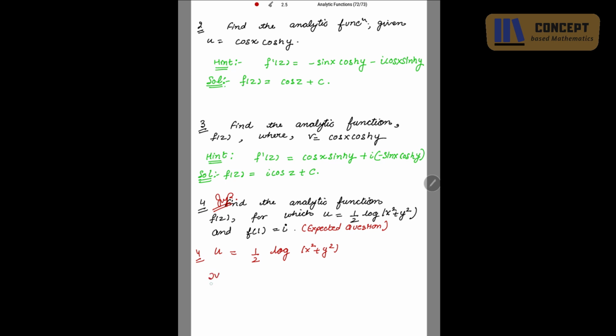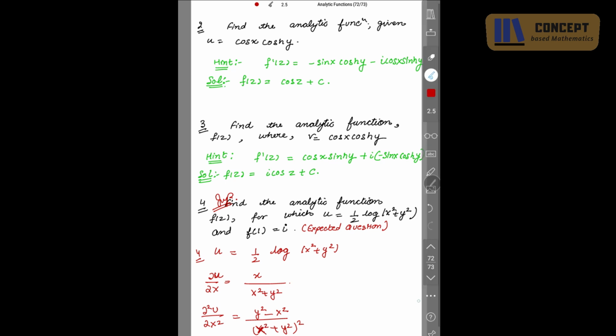So your del u over del x comes out to be x over x squared plus y squared, and del squared u over del x squared comes out to be (y squared minus x squared) over (x squared plus y squared) whole squared.